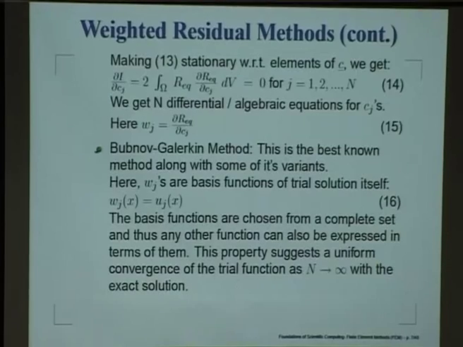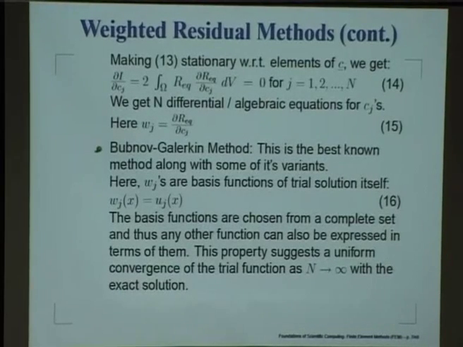So, of course, you can very clearly see from equation 14, if you look at this quantity, this partial itself is nothing but your weight functions. So, this actually gives you some kind of a basis for choosing the weight functions. You choose it in such a way in this method, so that your residue is minimized in a least square sense.